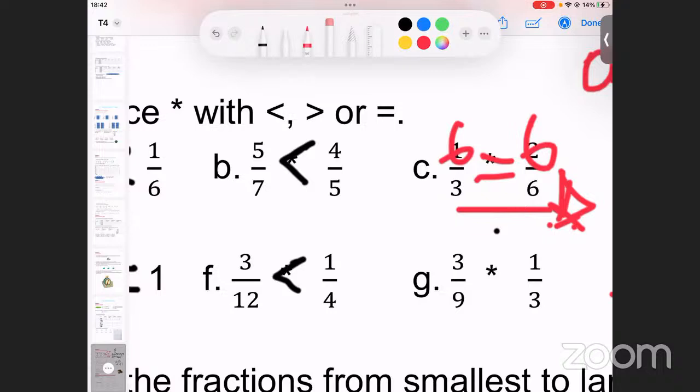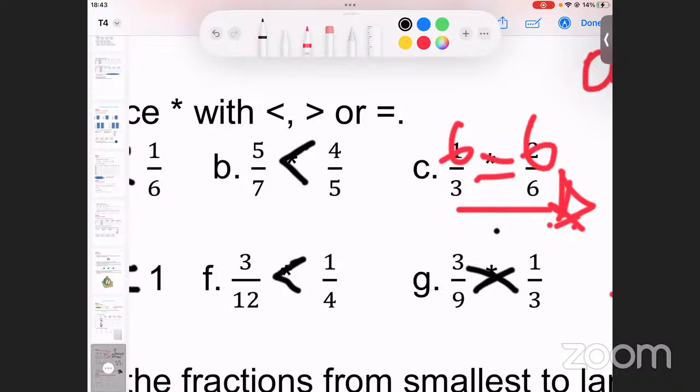For G, you're going to take the denominator of 9 and times it by the numerator of 1, which will give you your answer of 9. Then you write that in pencil on top of the 1. Then you take the other denominator of 3 and times it by the other numerator of 3 and get 9, which you write on top of the 3 in pencil.